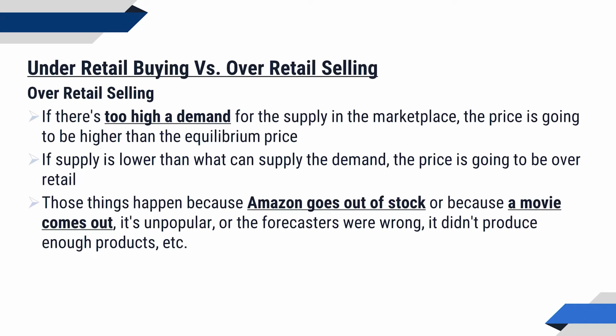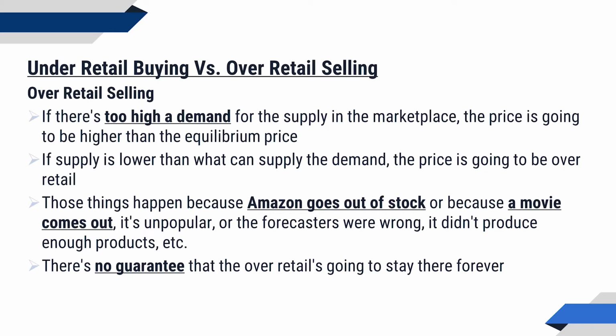So to me, it's get in, get paid, get out when it's over retail, because the only people that want that product to come back and more supply to come to the market, more than the parents who are spending $80 for Elsa dolls, are the toy manufacturers who are like, get the boat here as fast as possible, get the stuff on the shelves. I can't believe customers are leaving with a different product because our stuff's not on the shelves. They want that stuff on the shelves back at the normal retail price, because that's what's going to sell the most volume. That's why they set the price where they do.